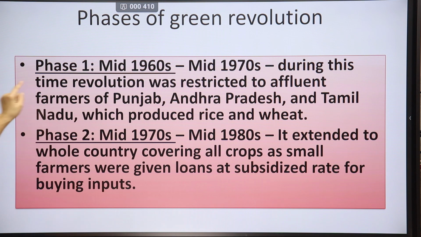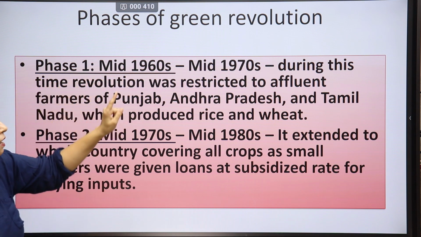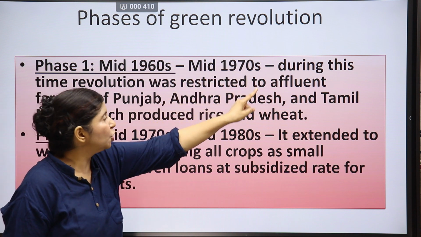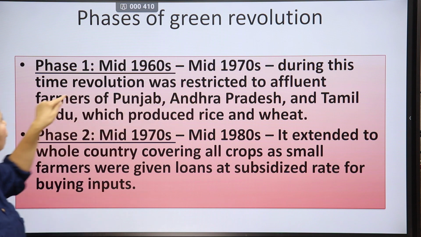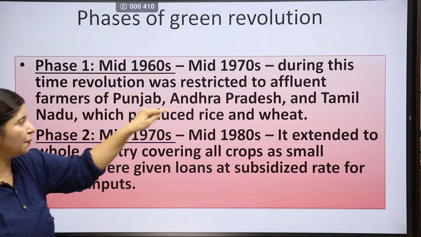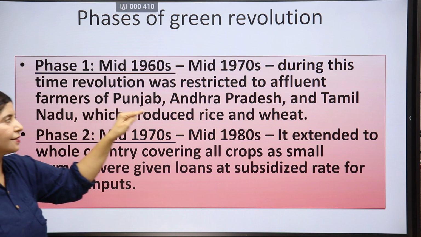Phases of green revolution. Phase 1, mid 1960s to mid 1970s. During this time period, the revolution was restricted to affluent farmers of Punjab, Andhra Pradesh and Tamil Nadu, which produced rice and wheat. Why?